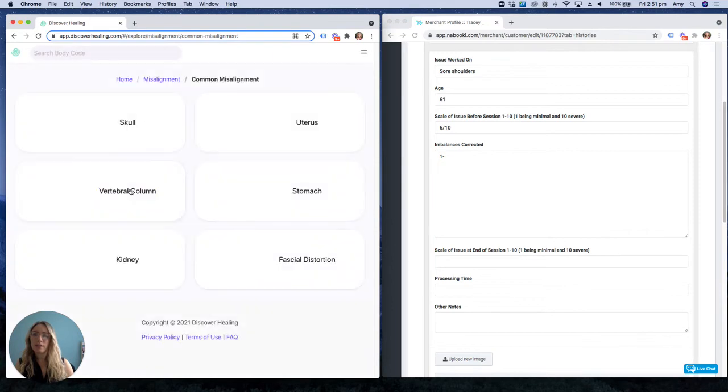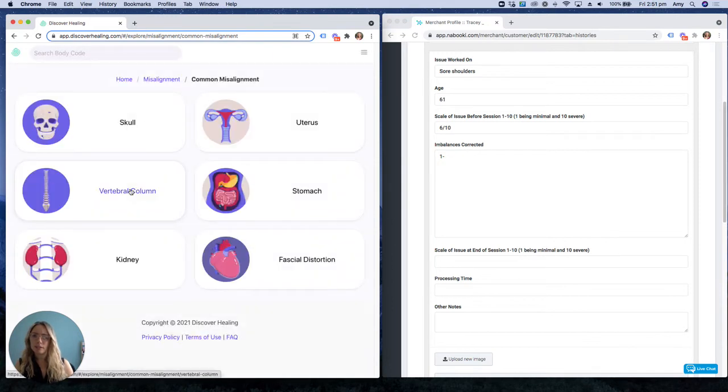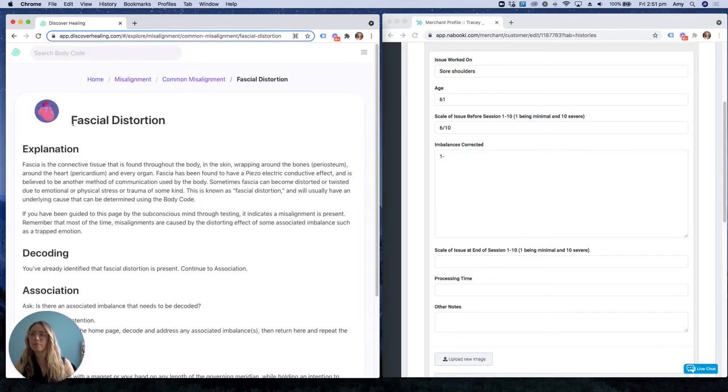Common misalignment. Fascial distortion. With this, we can see that the body code can go on a bit of a maze. The subconscious mind directs us where we need to go. So there is a fascial distortion.